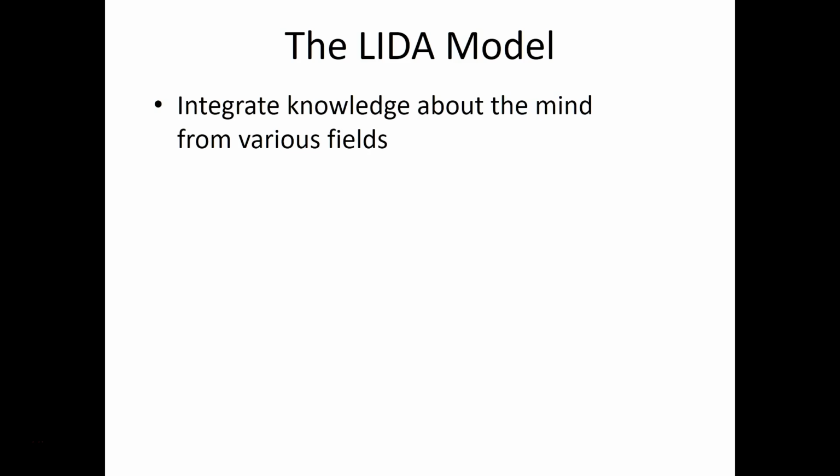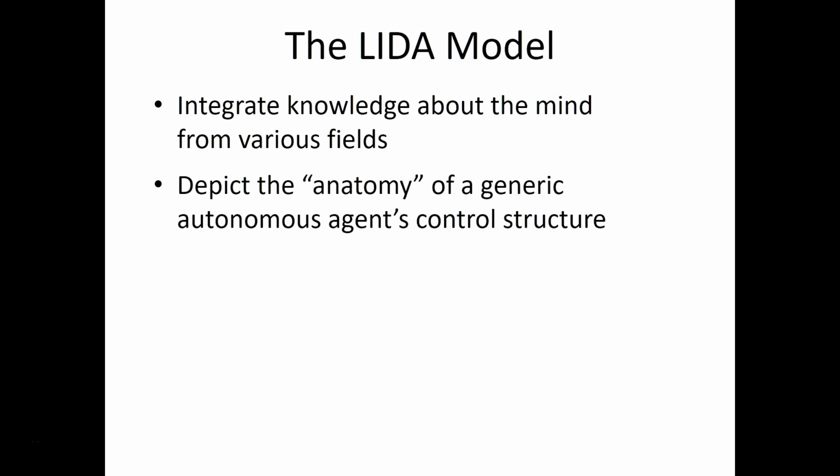Having defined the mind as a control structure of an autonomous agent, we need to be able to understand how such structures are put together. So we'd like to depict the organization or structure of an autonomous agent's mind. In a future tour, we'll explore something called the LIDA diagram, which is essentially a highly detailed visual description of a generic mind's structure.